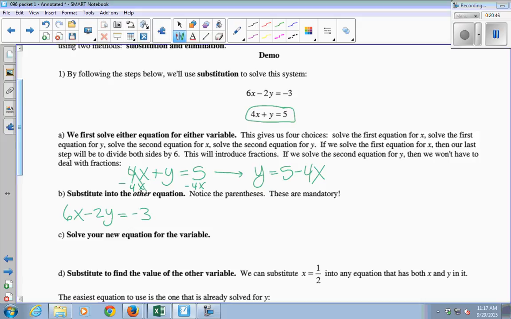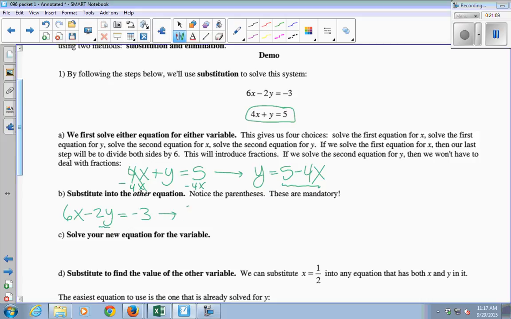Now I'm going to substitute. Wherever I see a y in this equation, I'm going to replace that y with 5 minus 4x, because y and 5 minus 4x are equal, so I can substitute one for the other.